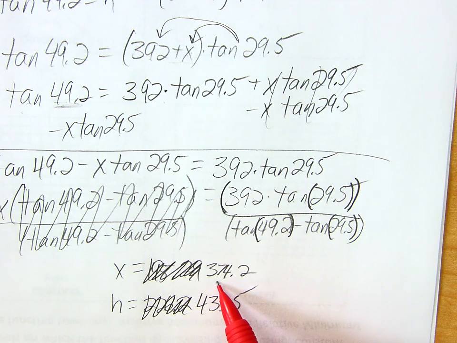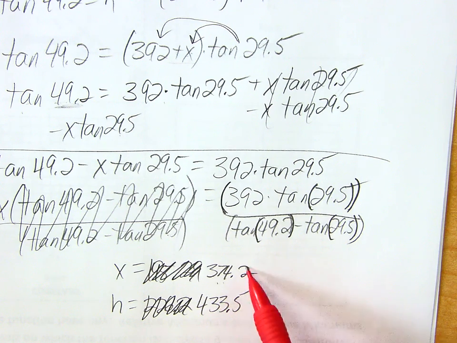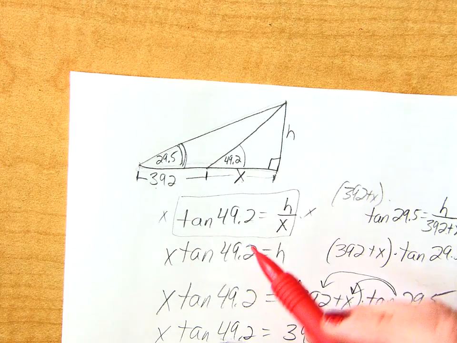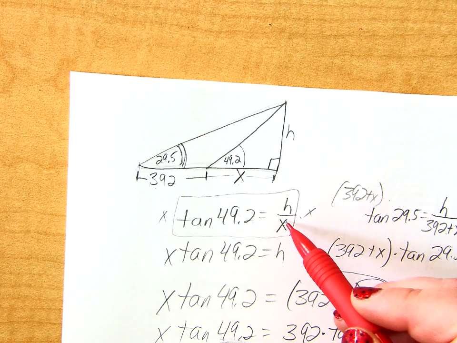Did you get the 374? You got this value for x, 374.2? So once you have x, then you go back to your very first equation.